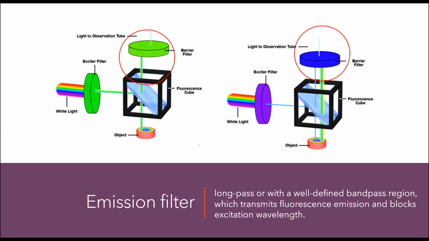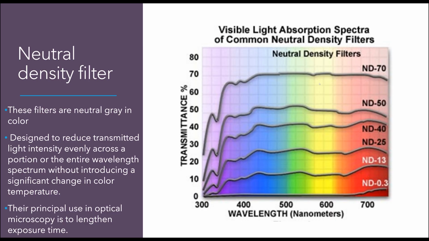It also has an emission filter, which is a long pass filter, so that it will pass only longer wavelengths and block the shorter wavelengths. Hence the incident light will be blocked and only the transmitted light from the sample will be allowed to pass through this filter. This is one of the filters in the confocal microscope, the neutral density filter.